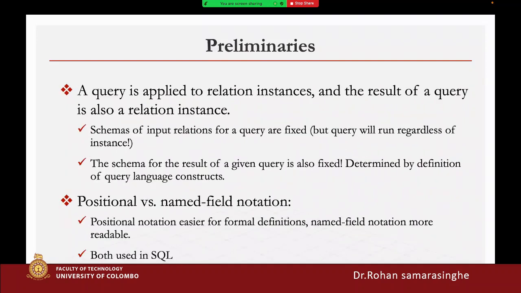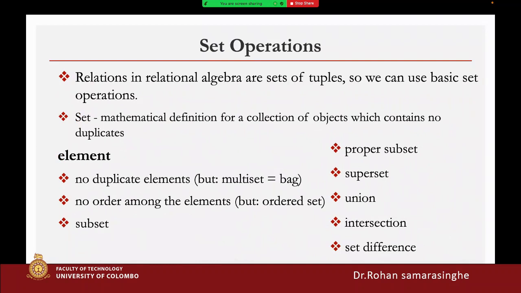And next, set operations. You know that in mathematics, set theory is one of the famous ones, and in computer science, set theory is used in many ways. Relations in relational algebra are sets of tuples. You can understand this when you get the table.